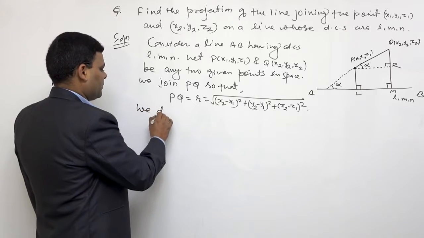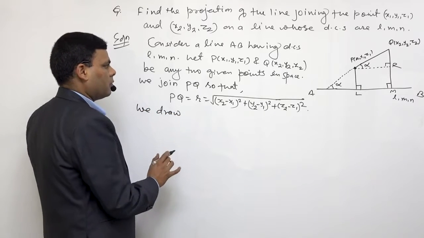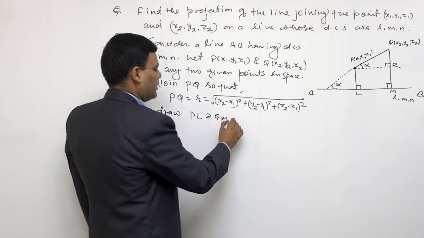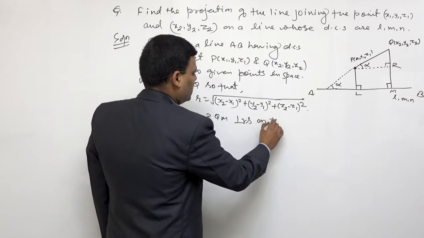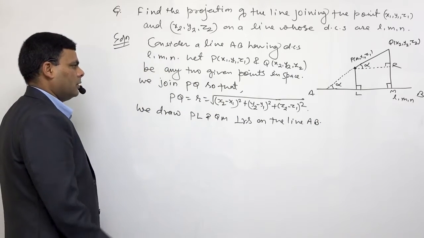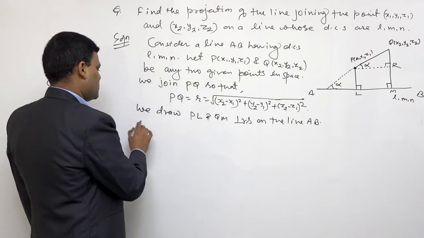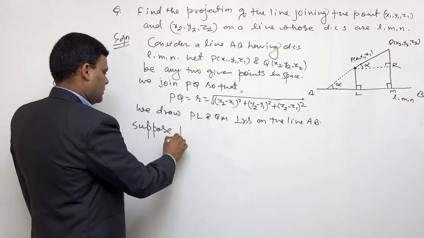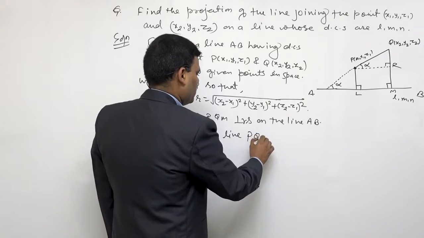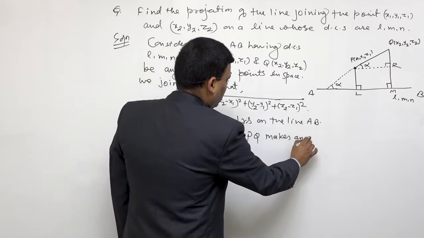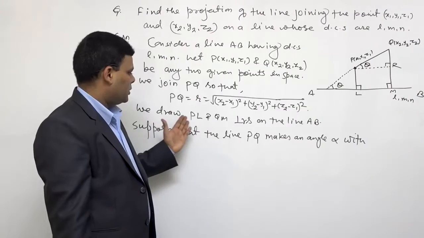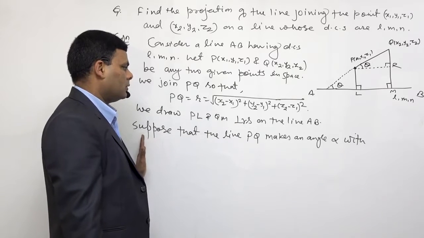We draw PL and QM perpendiculars on the line AB.